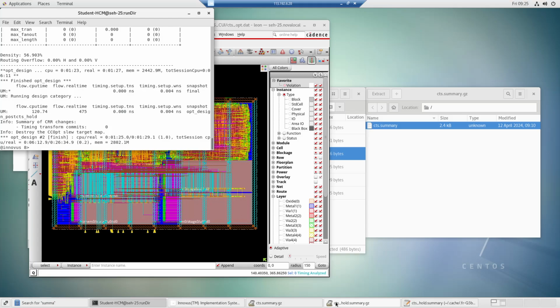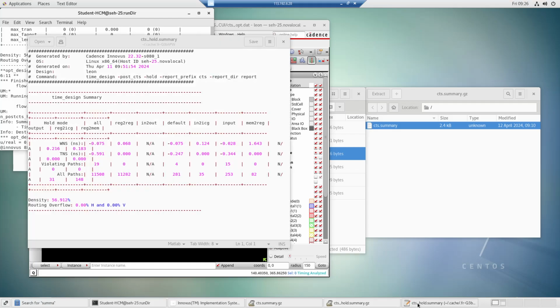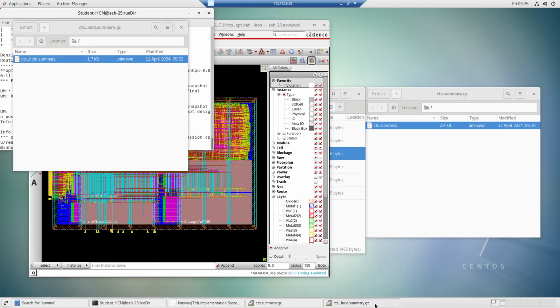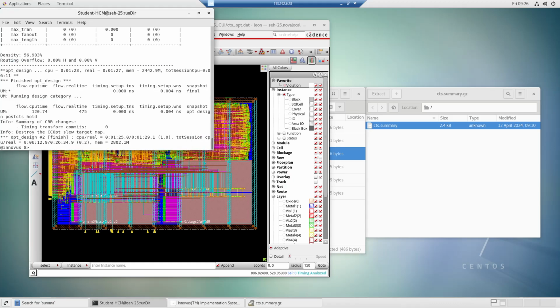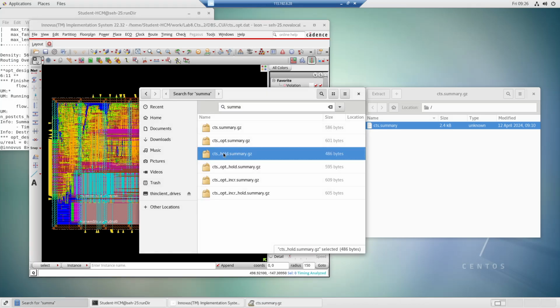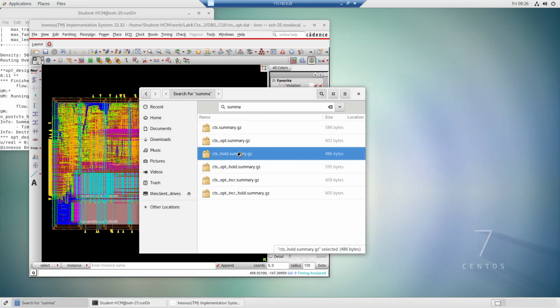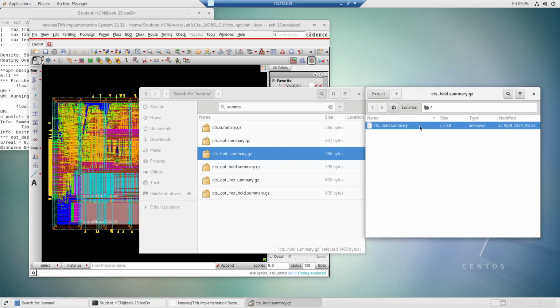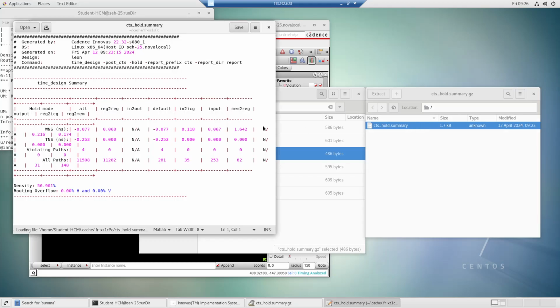Okay, I want to add to that as well. So the purpose of TNS, total negative slack, and also the number of violating paths in this table. Let me see if I can annotate. See this one, number of violating paths. WNS is the worst case violation, the worst negative slack.